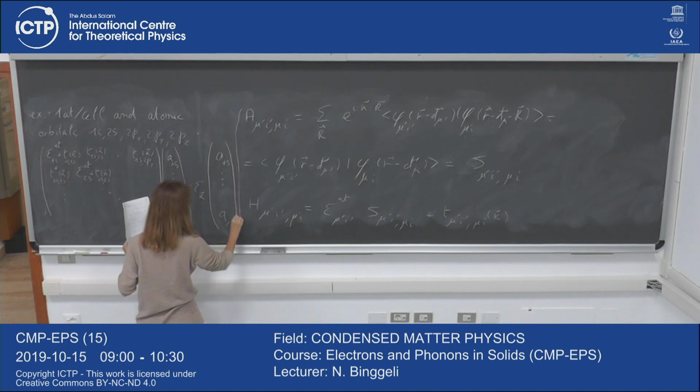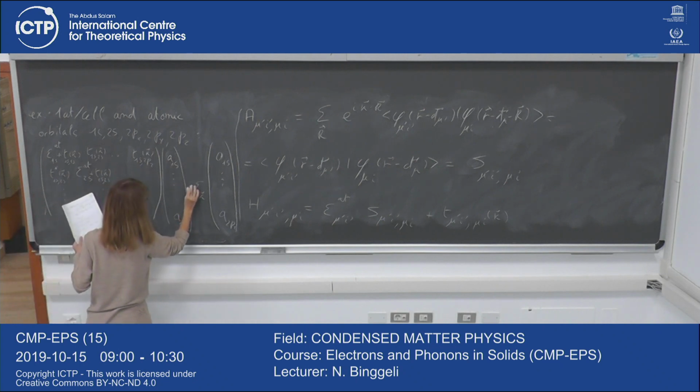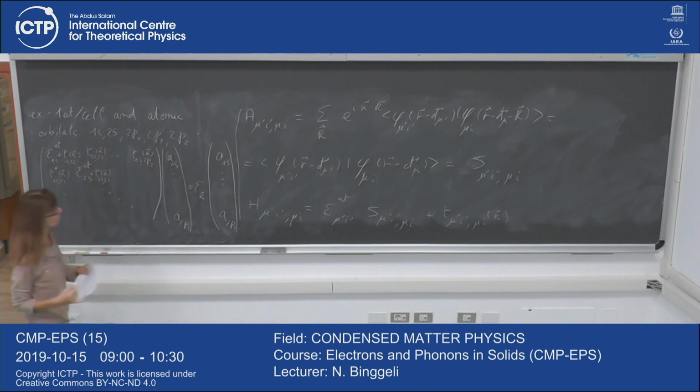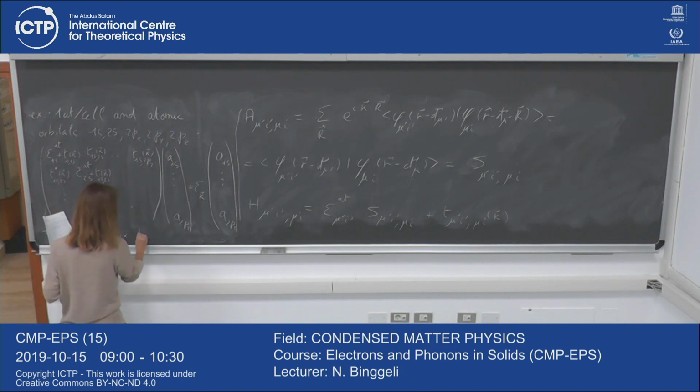So this is the system of equations I have to solve, or the matrix I will have to diagonalize to obtain the eigenvalues. So I have a 5 by 5 matrix to diagonalize to obtain the eigenenergies.